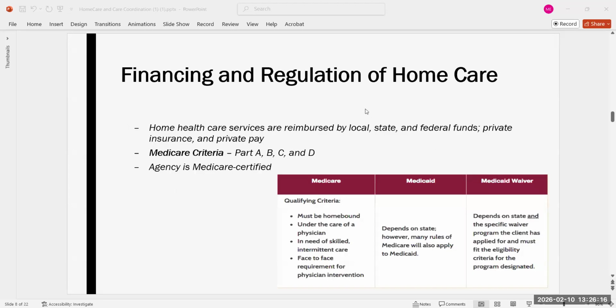We already talked about this. I'm just highlighting when looking at qualifying criteria for like Medicare. Patient must be homebound. They must be under the care of a physician. They're in need of skilled intermittent care.